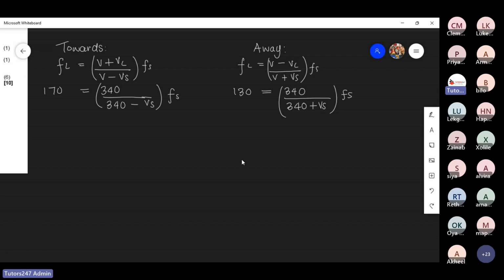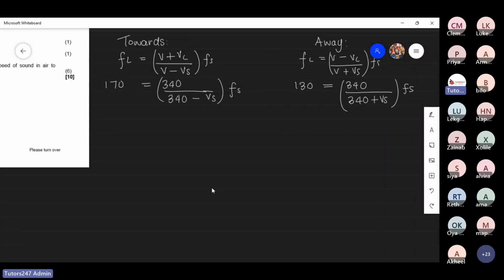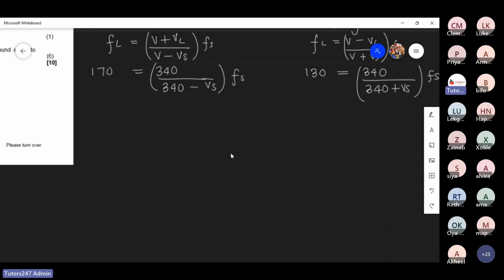Now, I understand that might be slightly confusing for certain people, so I'm going to take the longer approach and I'm going to multiply, divide, and simplify as opposed to just dividing by both sides.